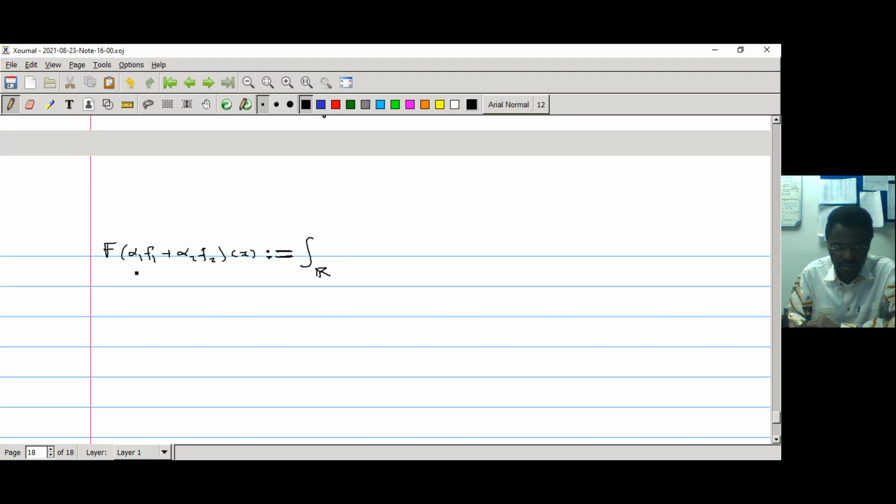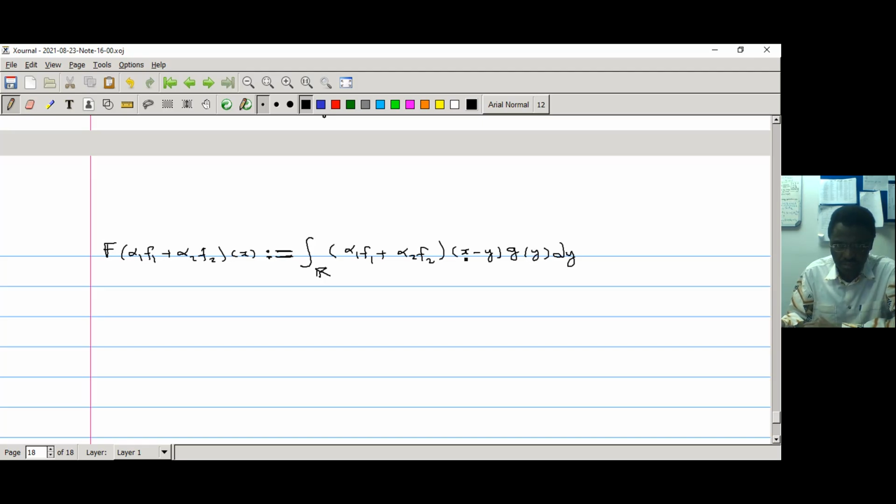That f is everything here, that is alpha 1 f1 plus alpha 2 f2. So this is our f. Now we apply it at x minus y, times g of y dy. Because you integrate with respect to y, it will depend on x. That's why you have x here, but you integrate with respect to y, so you have y here and y there.